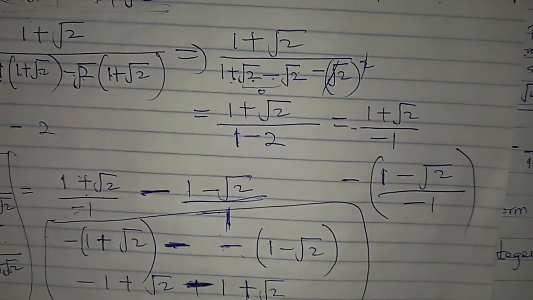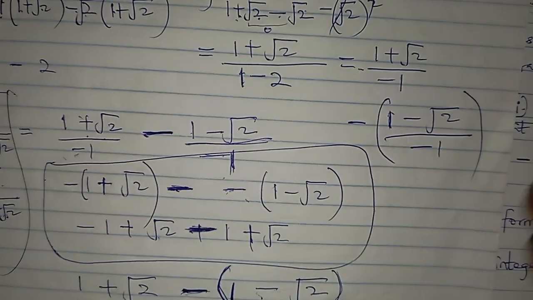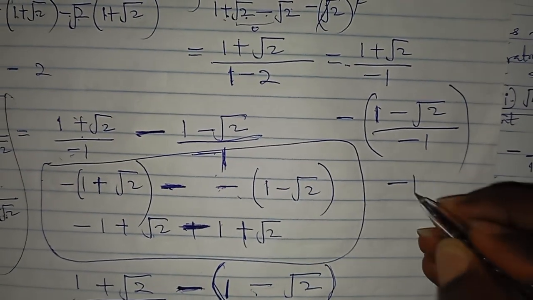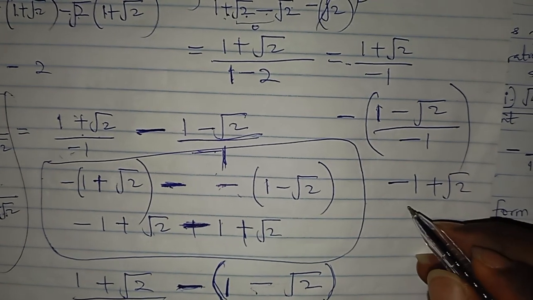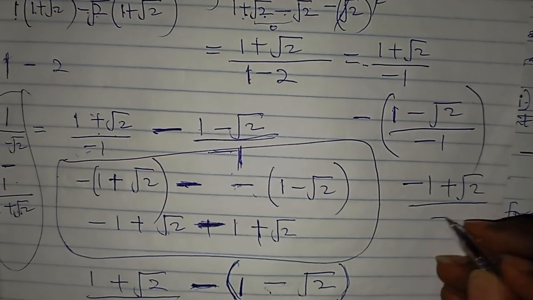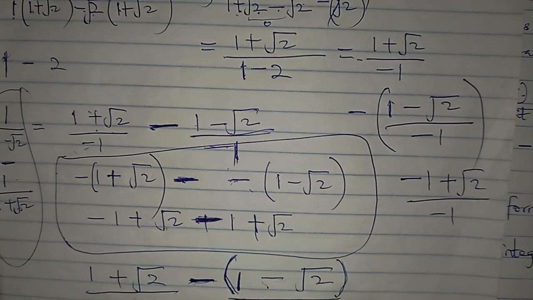It's supposed to be in such a way that by the time you open this bracket, you have the minus 1, the plus root 2, and you know that there's already minus 1 at the denominator.